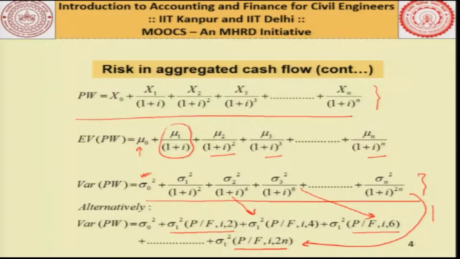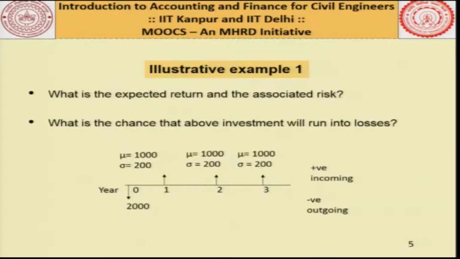So, using the concept of these formulas, we will try to evaluate the risk, and as you know, risk we are measuring in terms of variance and standard deviation. So, let us move to one small question in which we are given that there is an investment proposal in which you are investing 2000 rupees at time t equal to 0, and this is likely to give me a return of 1000 rupees at the end of year 1 with standard deviation of 200.